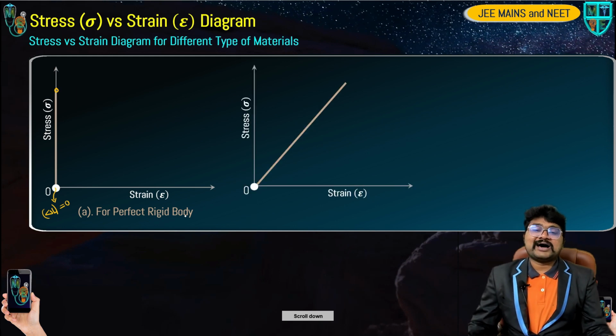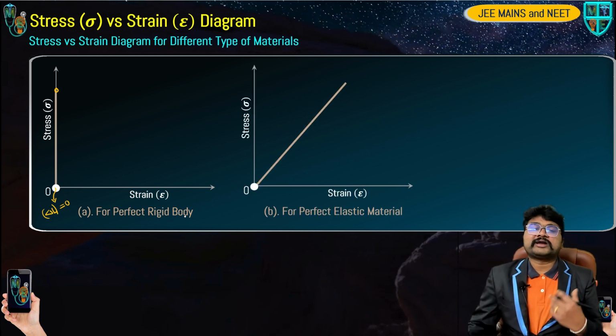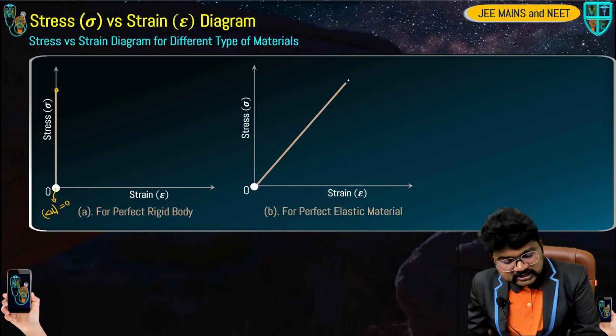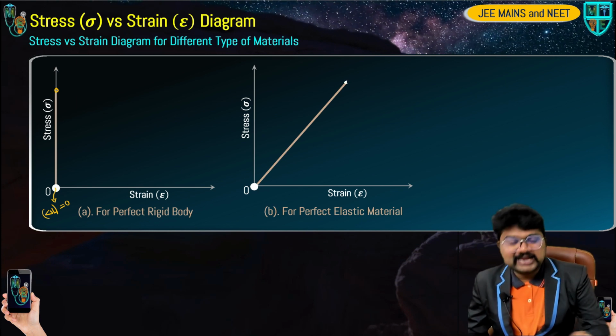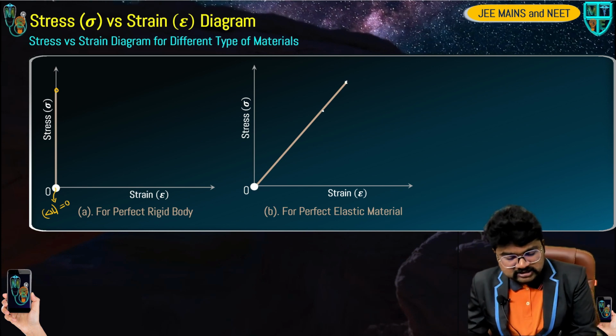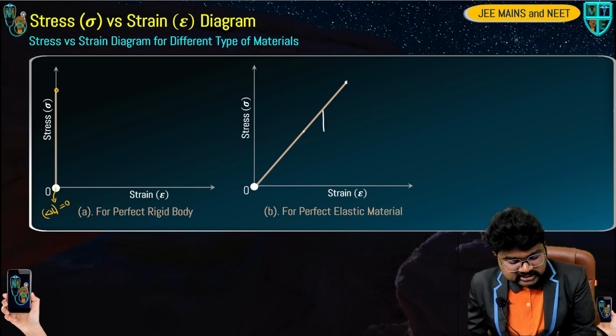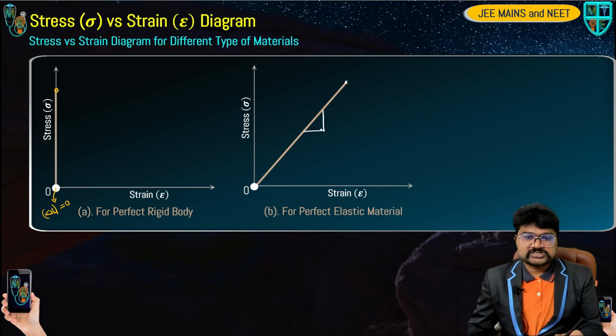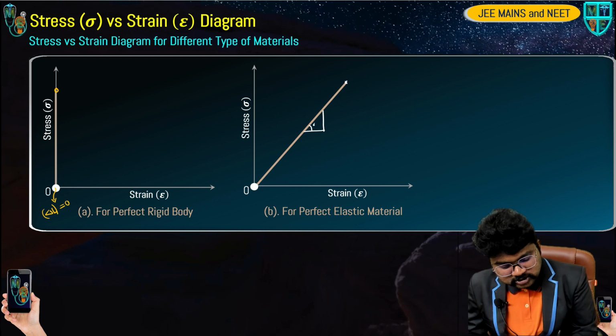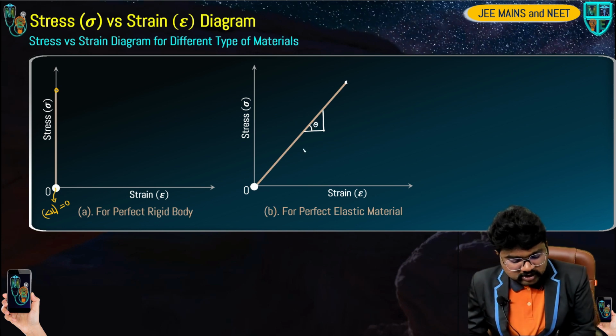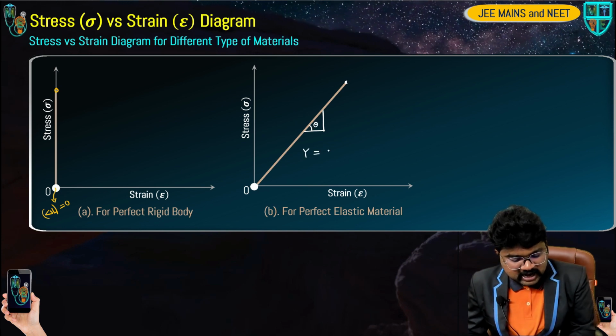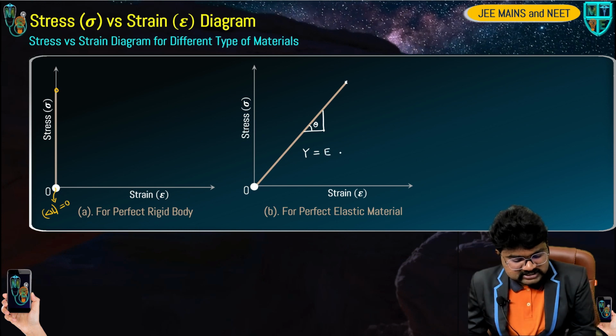Coming to elastic material, perfect elastic material. It has an inclined line. The slope is constant throughout the stress versus strain diagram. The slope theta is the Young's modulus of the material, which you can represent as E also.